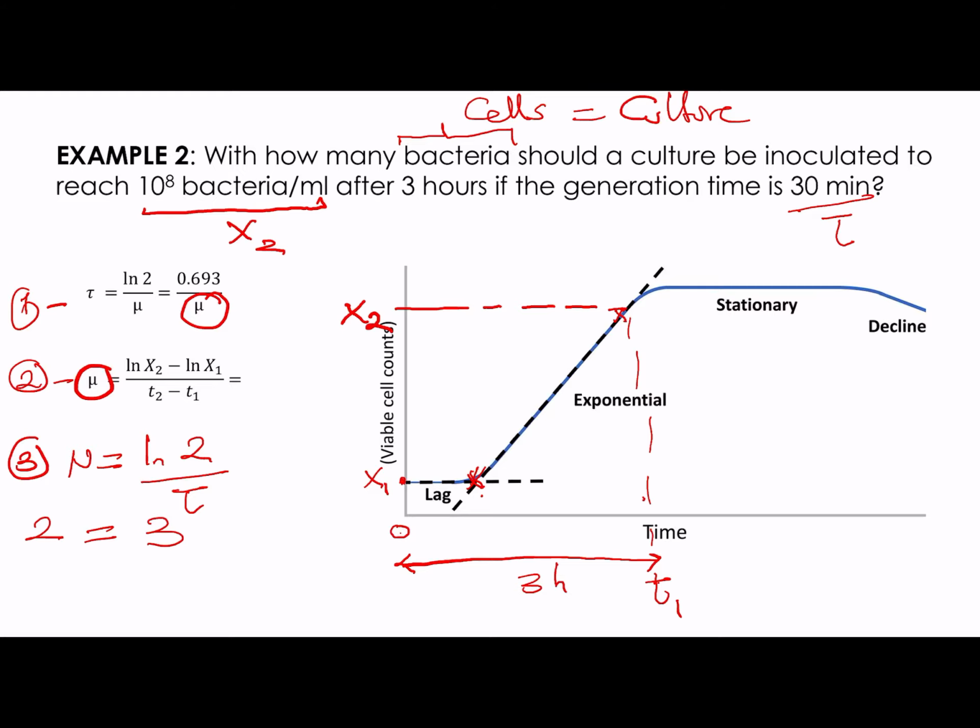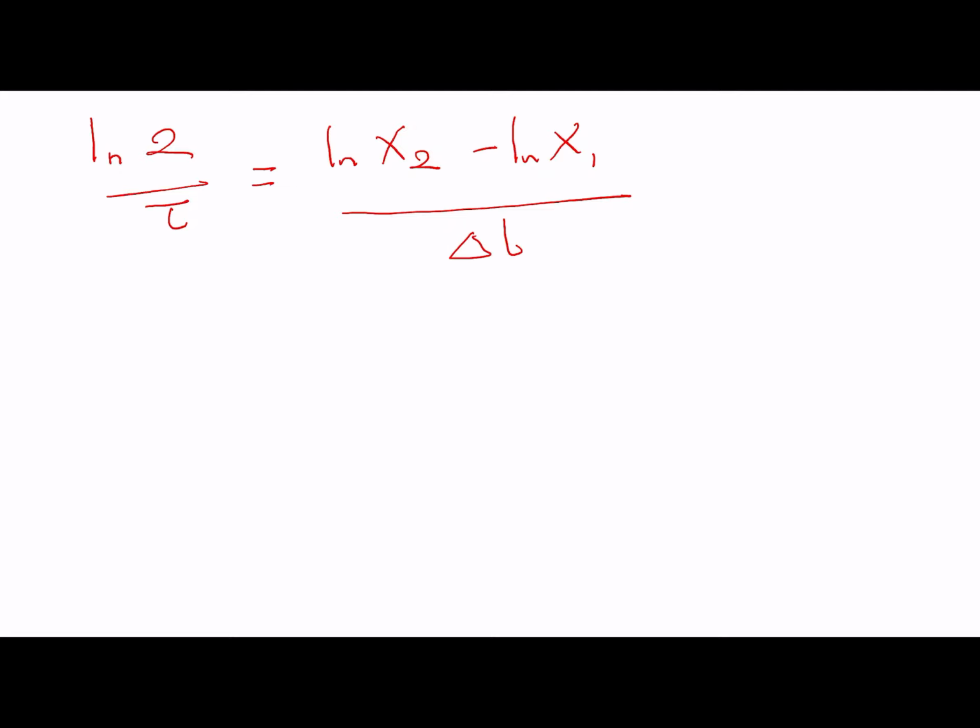That takes us to ln 2 over tau equals ln x2 minus ln x1 over change in t. Remember, change in t is the same thing as t2 minus t1. So that's your change in t.